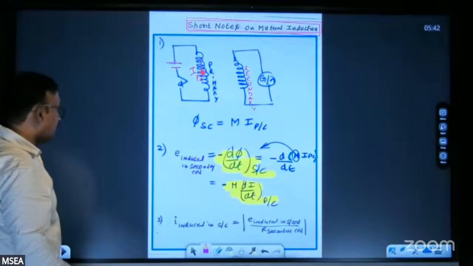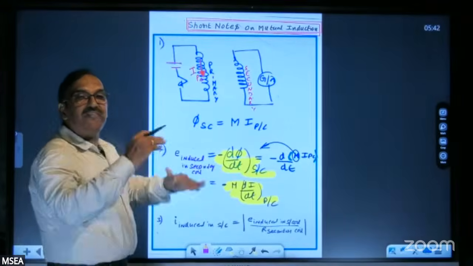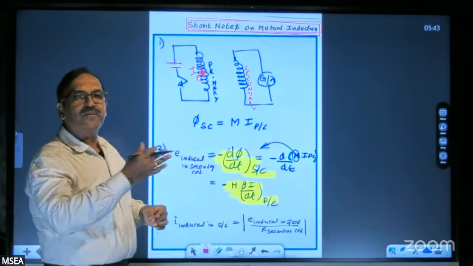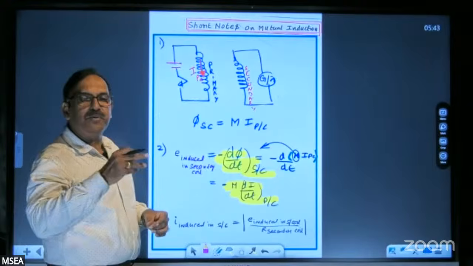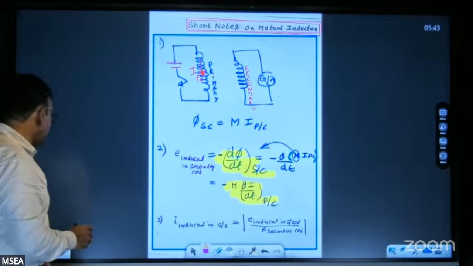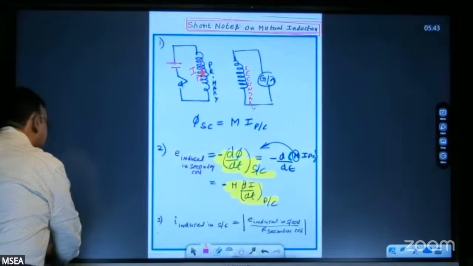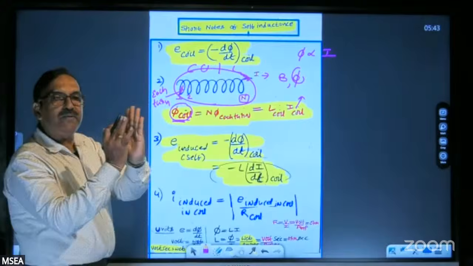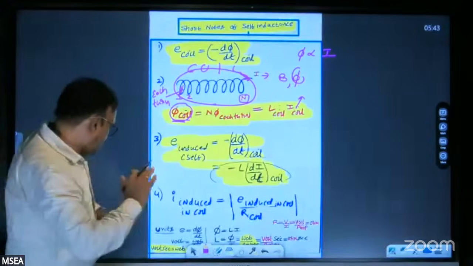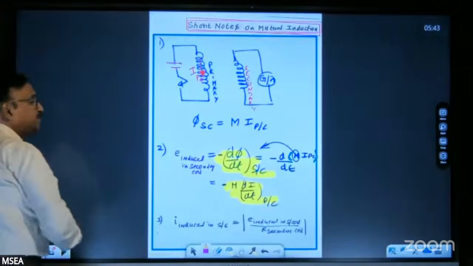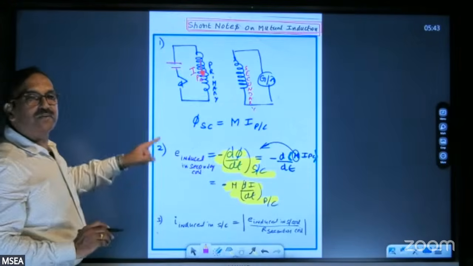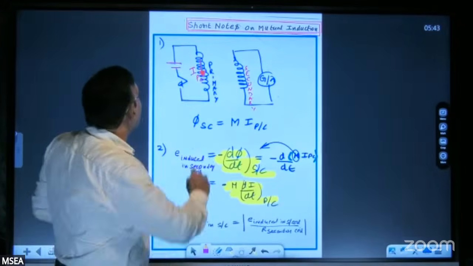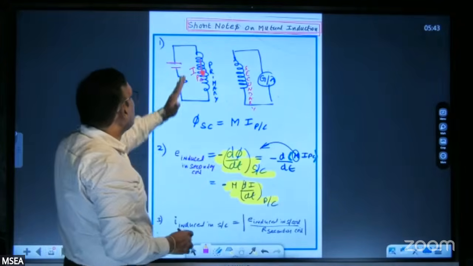Now, after self-induction, we enter a little bit of mutual induction and do questions related to both self and mutual inductions. Whenever you talk about self-inductance, there is only one coil. Self means only one. Mutual means two, as in A helps B and B in turn helps A. In mutual induction there are two coils.